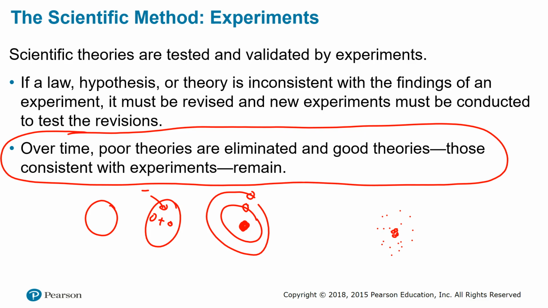Our understanding of the atom has changed over time. We don't think of the atom the same way that we did in the 1800s. As we get more information, we make better ideas.